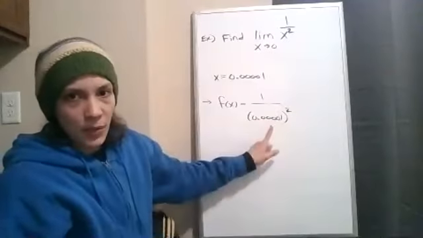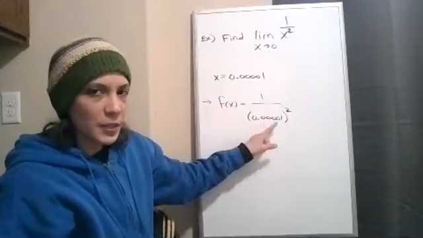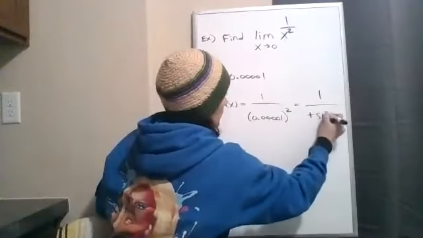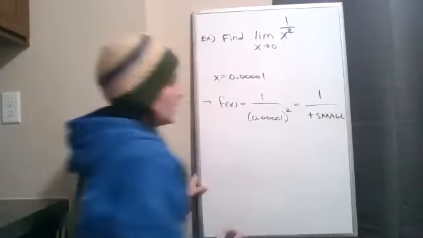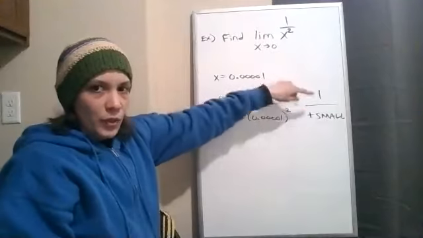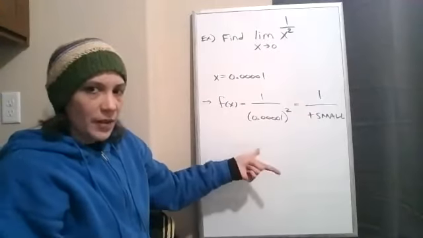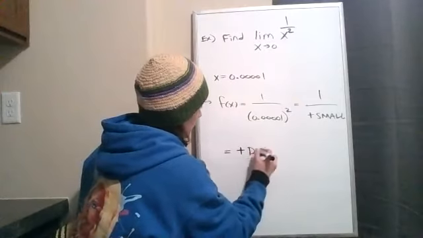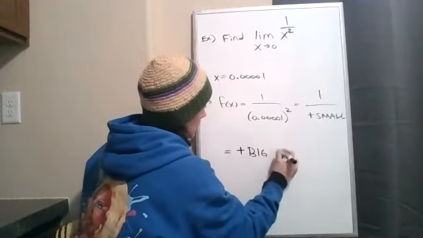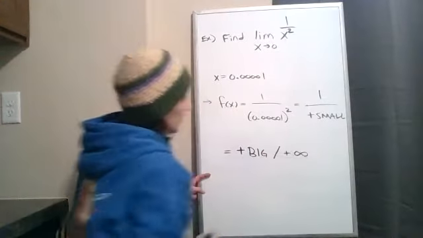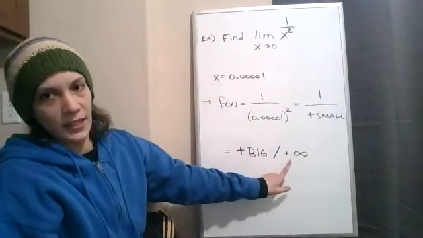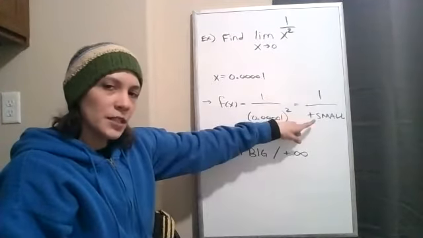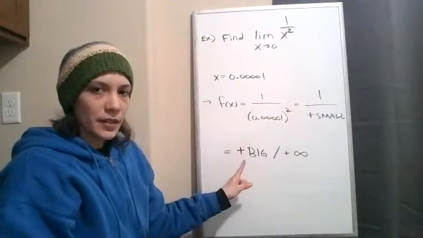A positive number squared is positive, so this is 1 over a very small positive number. And like we saw in the last example, 1 over a very small number is going to have an output that's a very big positive number, or positive infinity. As this denominator gets smaller, the output gets bigger.